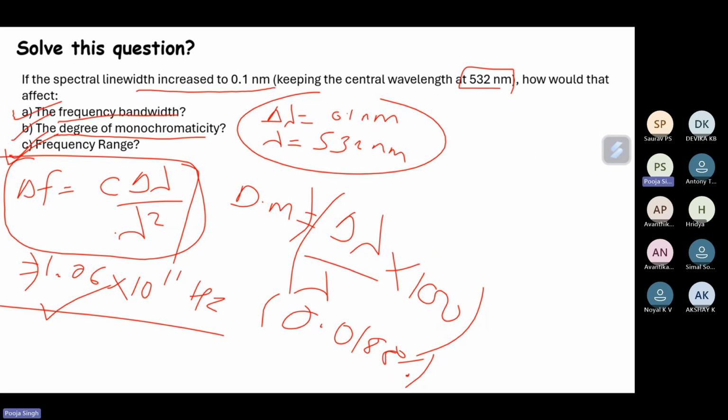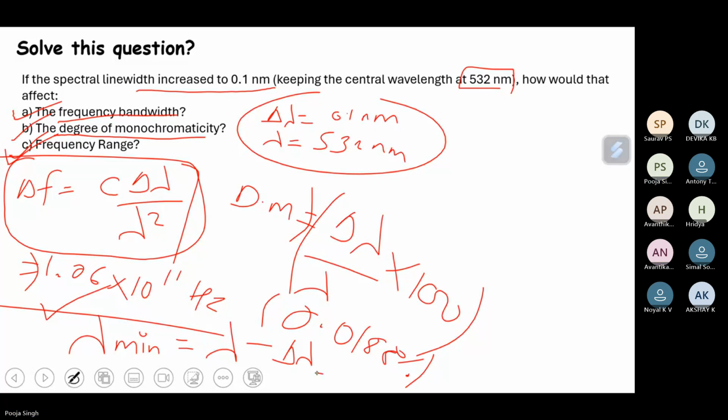Or you can convert directly: lambda minimum is equal to lambda minus delta lambda by 2, and for the maximum, lambda plus delta lambda by 2.